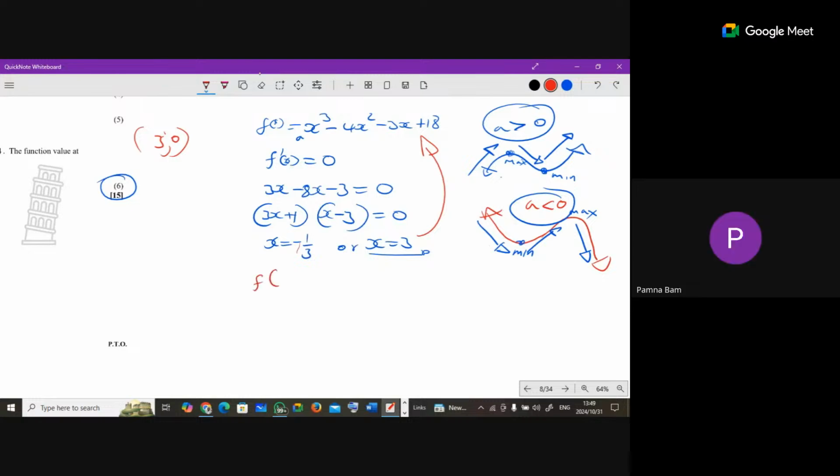So now we are looking for f of negative 1 over 3. You are getting 18,52, right? Yes. Okay. So as a fraction being 500 over 27. Okay. So now this is the answer.